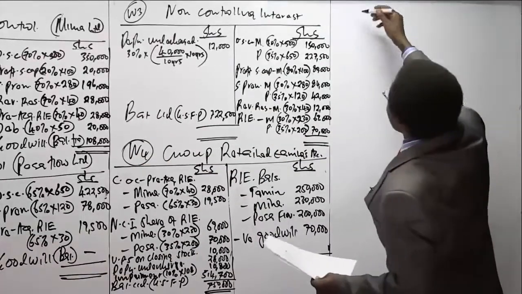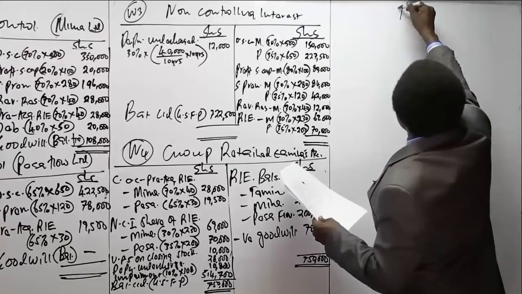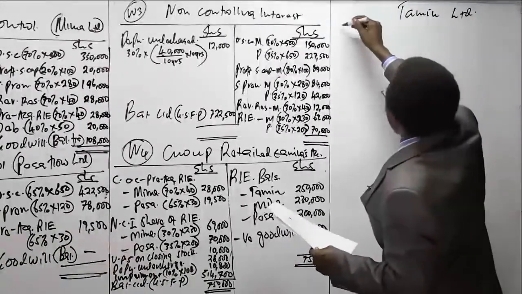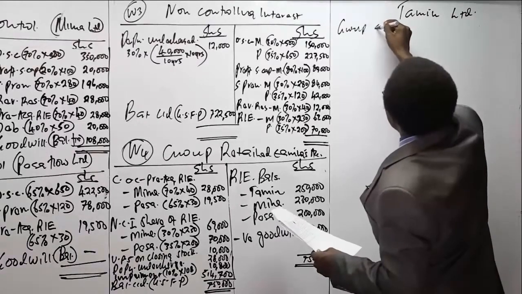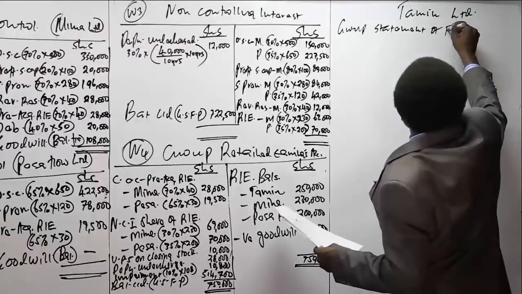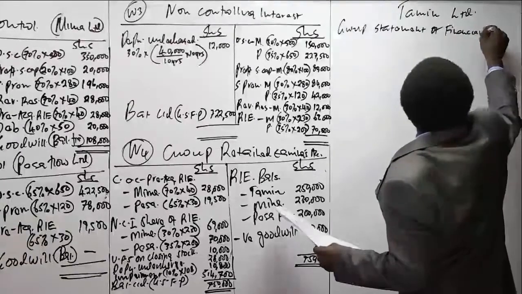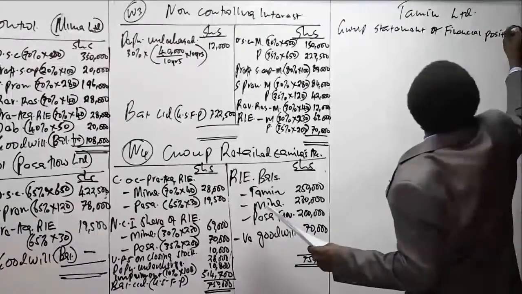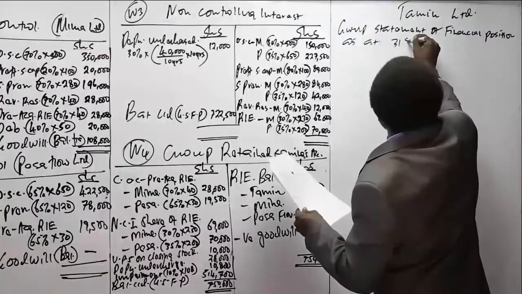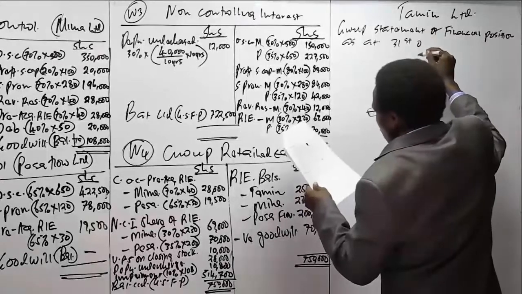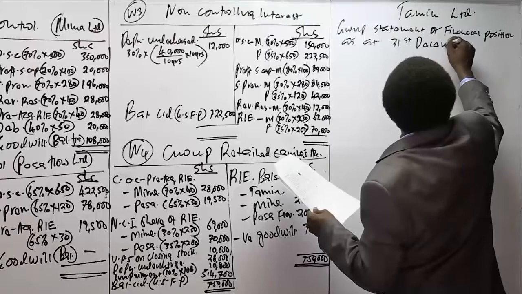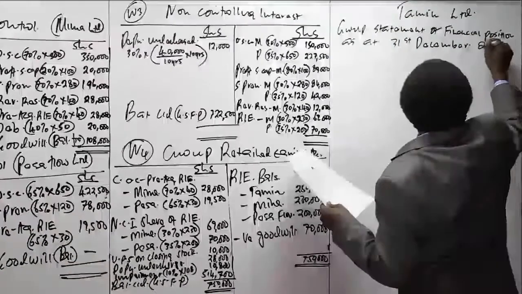We come and say Tamim Limited Group Statement of Financial Position as at 1st December 2015.